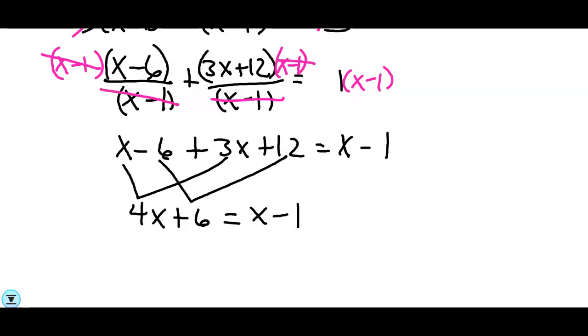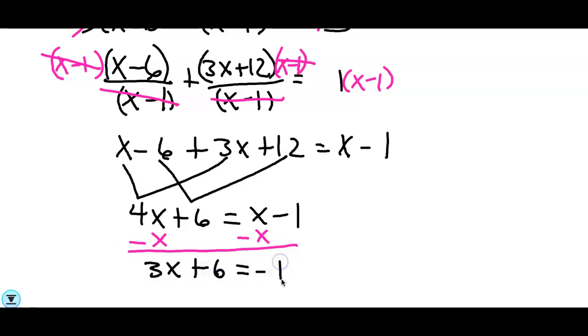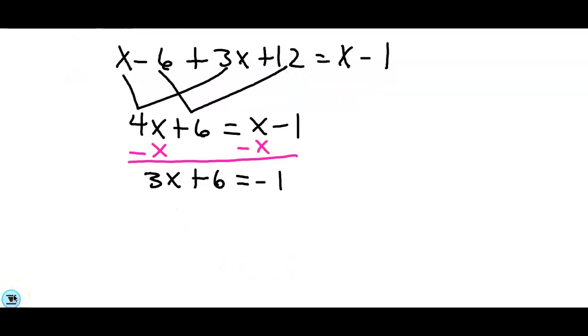Now what? You subtract the x, that gives you 3x plus 6. This is minus 1. Yeah, we did go wrong. 3x equals negative 7.